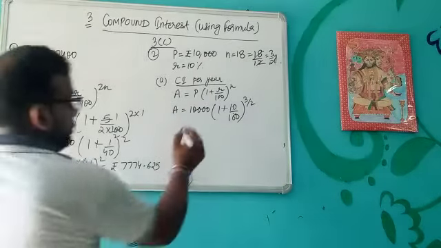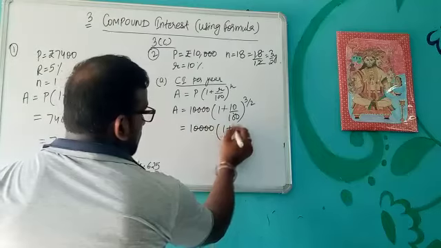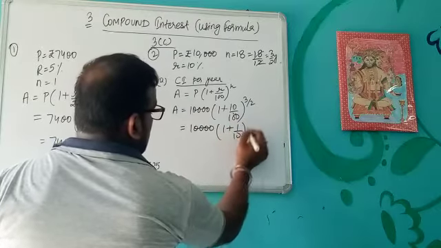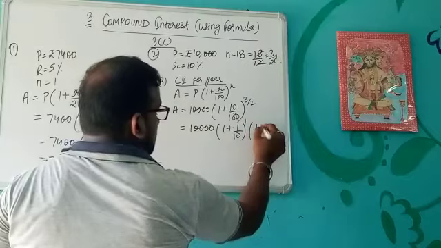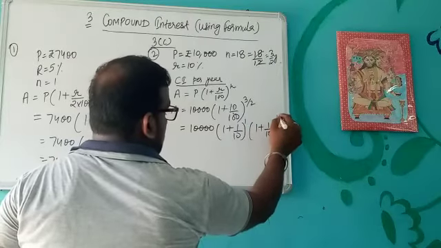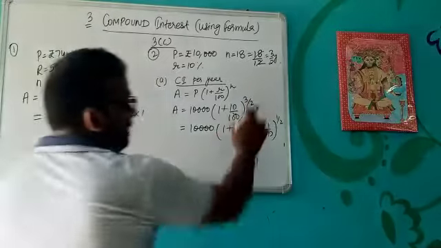What we are going to do, we are going to separate it like this: 10,000, 1 plus 1 upon 10 to the power 1, and 1 plus 1 upon 10 to the power 1 by 2. Okay, 1 plus 1 by 2 will give you 3 by 2.